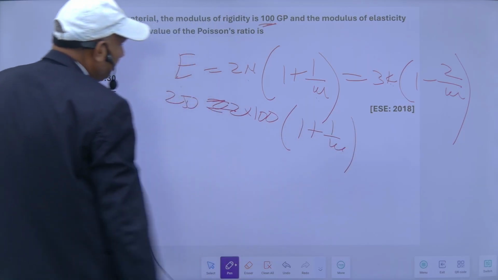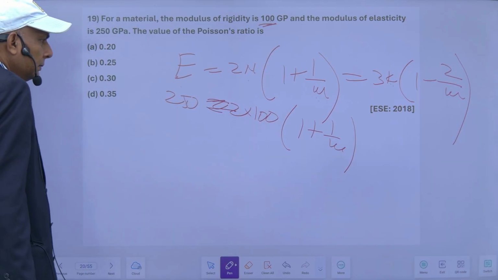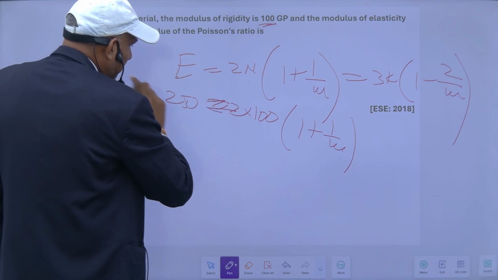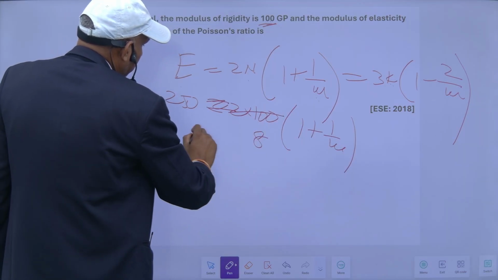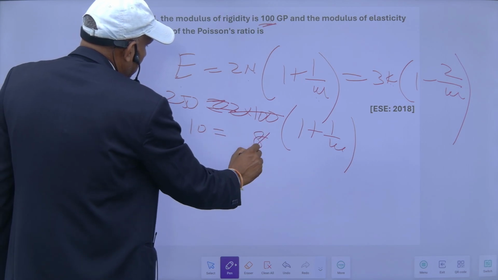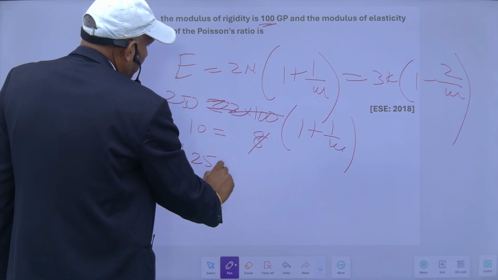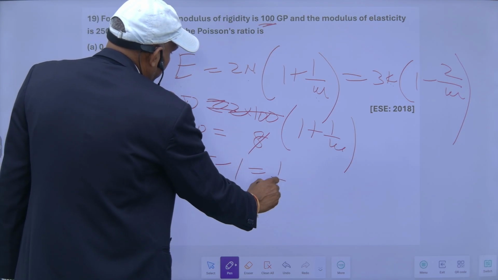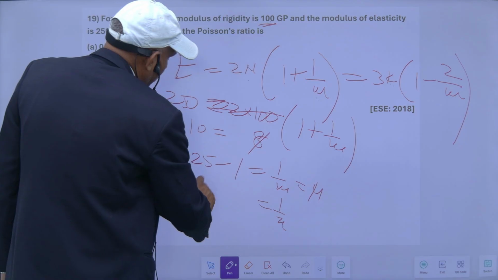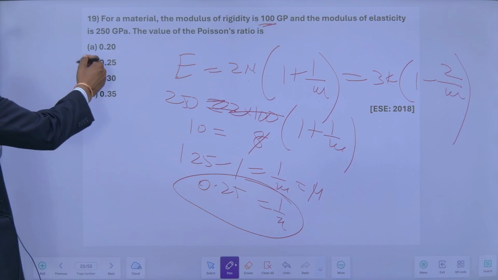So this will be 200, so it will equal to 1.25. Minus 1 is equal to 1 upon m or mu, whatever you say. So this Poisson ratio is equal to 0.25. So my correct answer is this one.